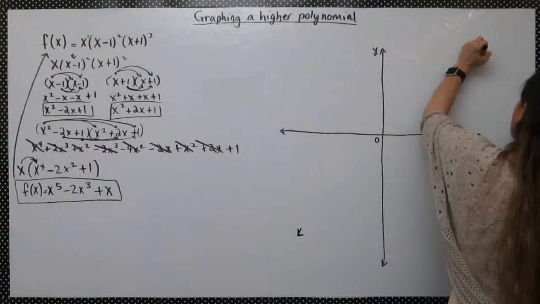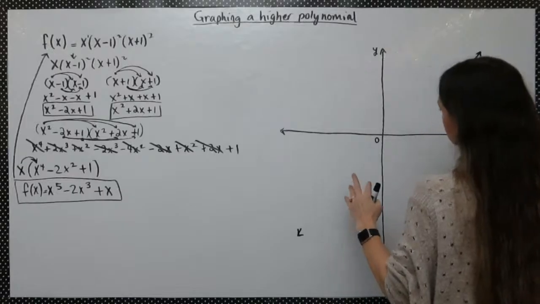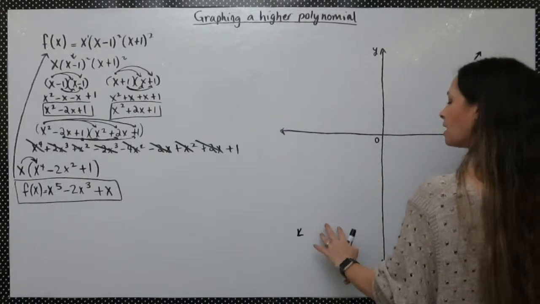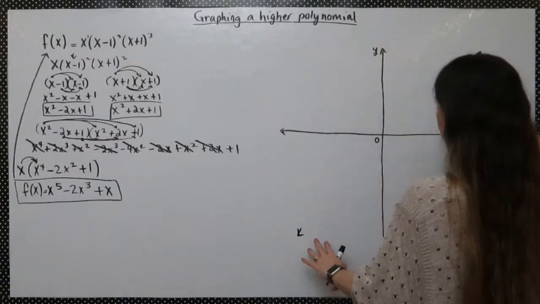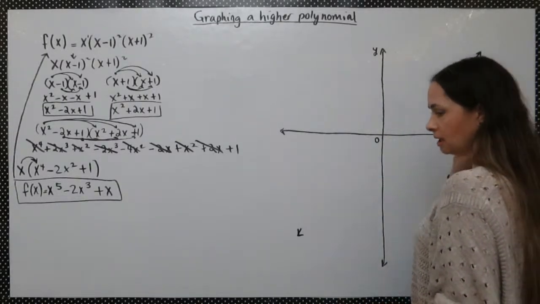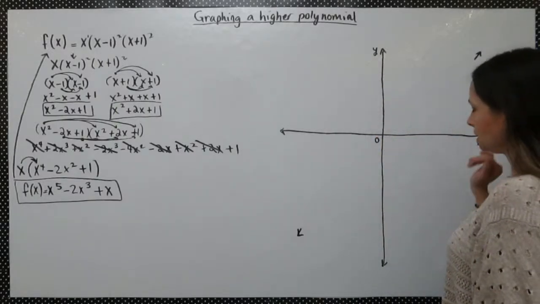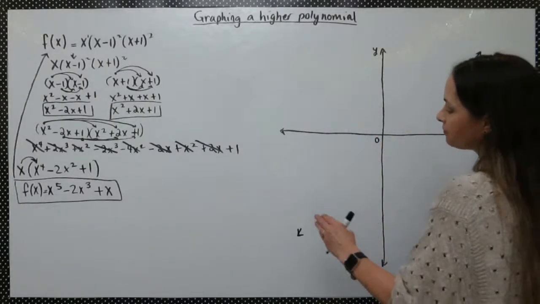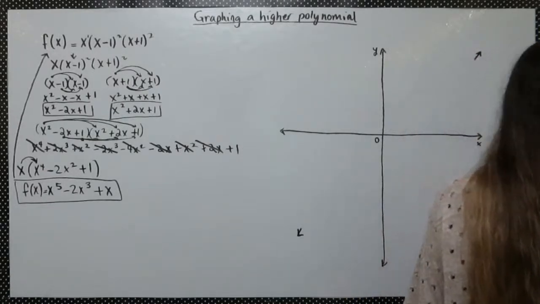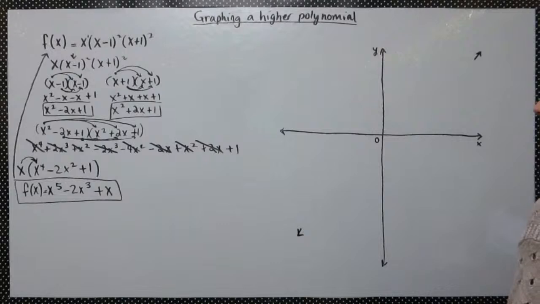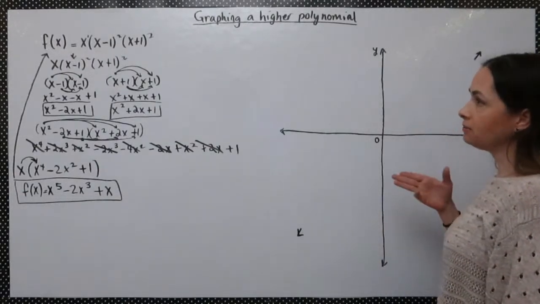So the end behavior goes from the third quadrant to the first quadrant, because it's an increasing function. It's moving from negative infinity to positive infinity, if that makes sense. Because it's a fifth degree polynomial, it's going to have that end behavior.